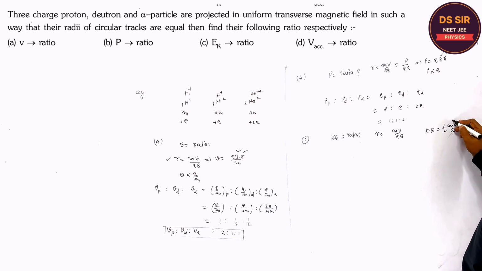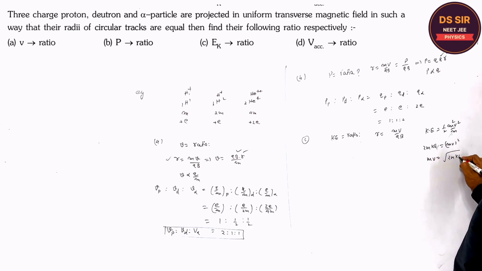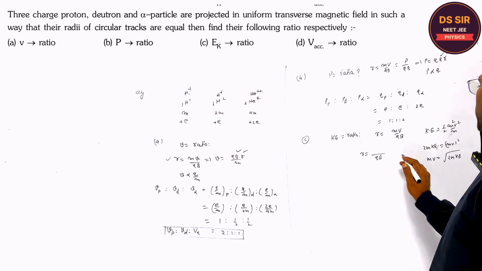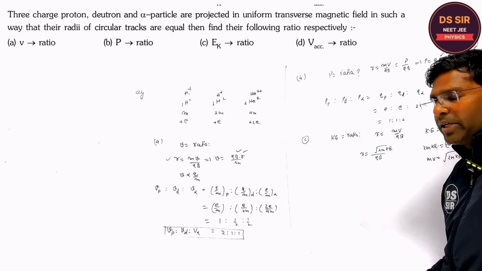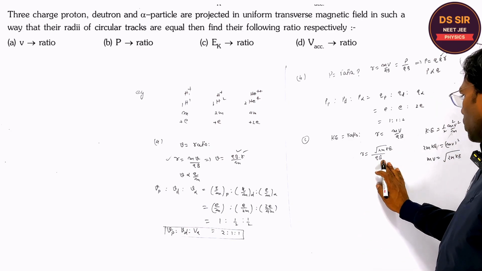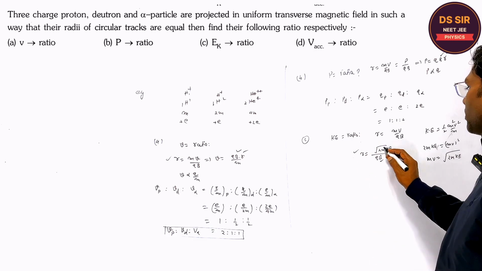Multiplied by m and m, so 2m into kinetic energy is equal to (mv) whole square. So mv is nothing but root 2m into kinetic energy. Is it clear or not, you tell? Yes, sir. So radius is same, magnetic field is same, right?